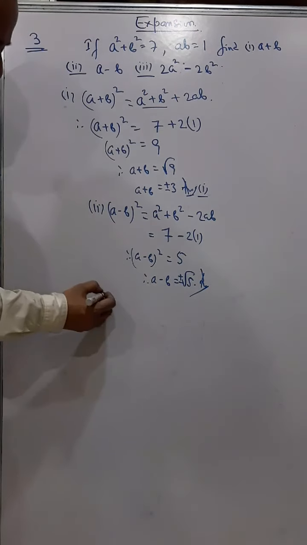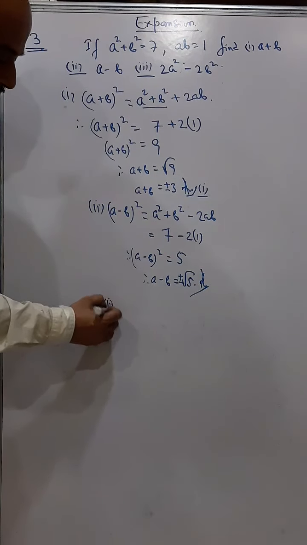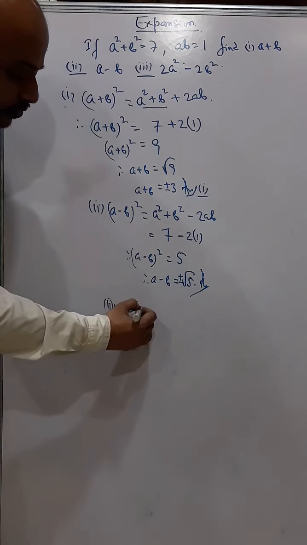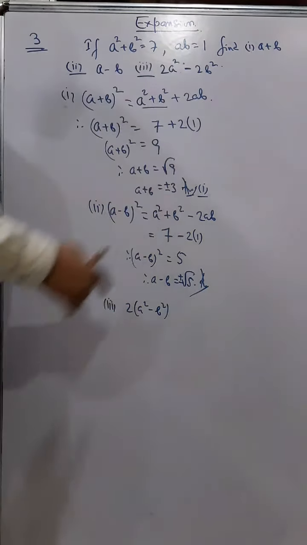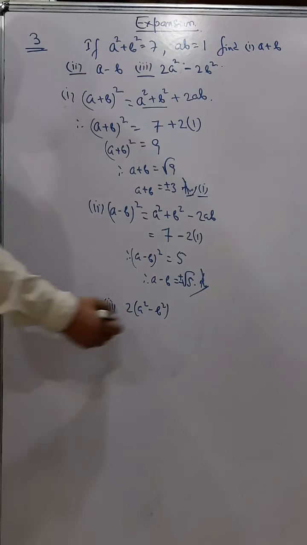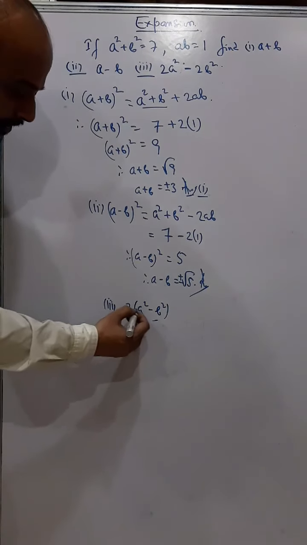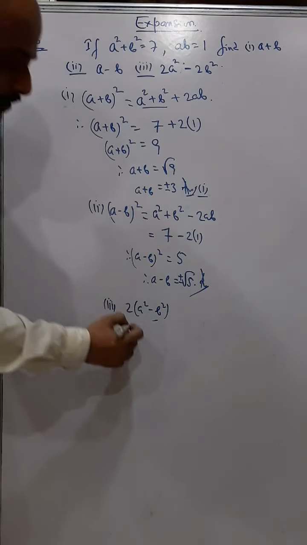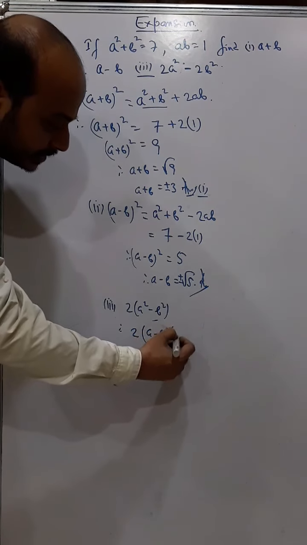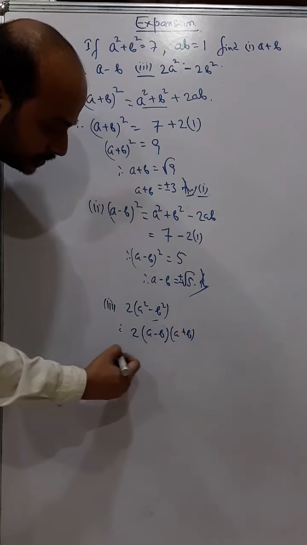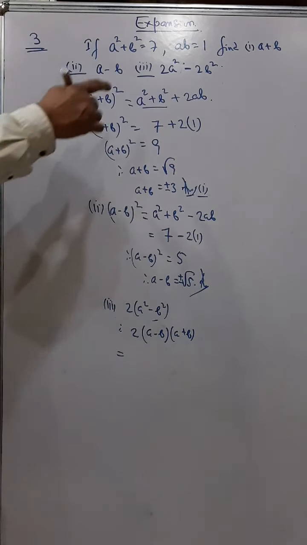And similarly number 3, we have to find 2a square minus 2b square, right? We can take 2 common, and then we already got both the values. So we can say it is 2 into a minus b and a plus b.